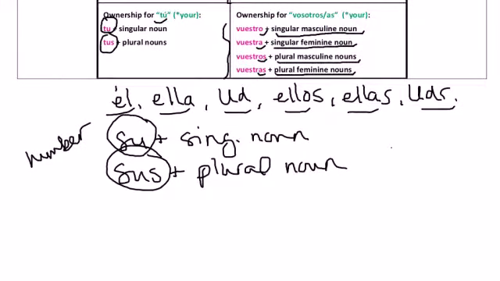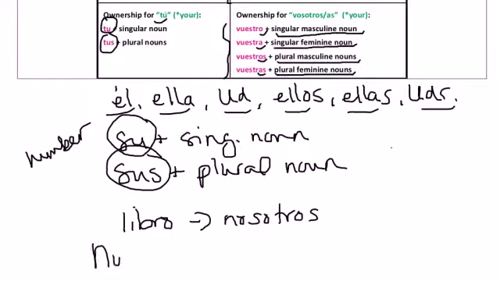For example, if I have libro and I want to relate libro to nosotros, it's going to turn into nuestros libros. Okay? And then I can add a verb, son rojos.